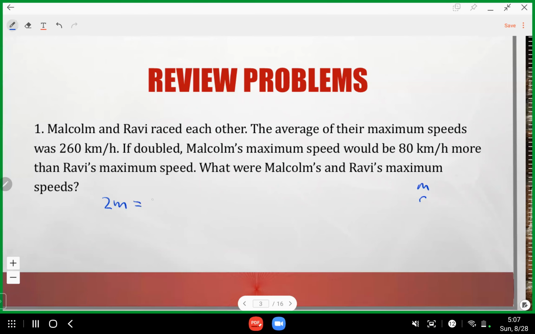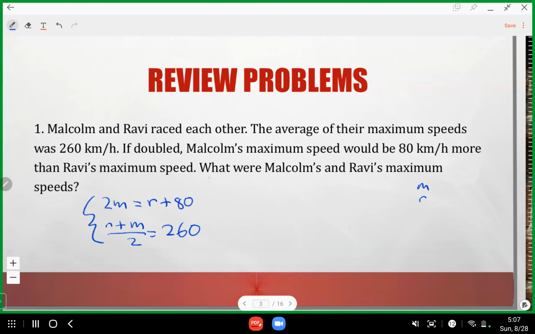It's equal to R plus 80, right? And of course, besides that, we also have given information that their average is equal to 260. So using our average formula, we can just say that R plus M over 2 is going to be equal to 260. All right, we know that. And then we can just solve.